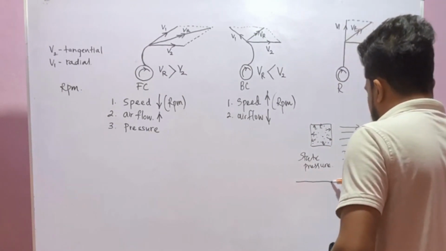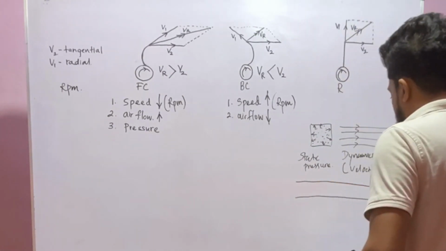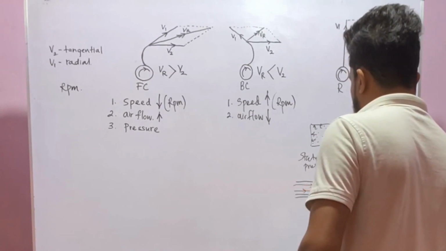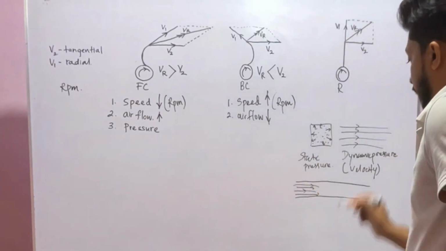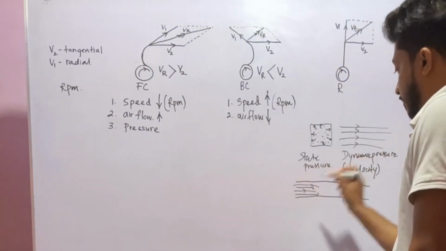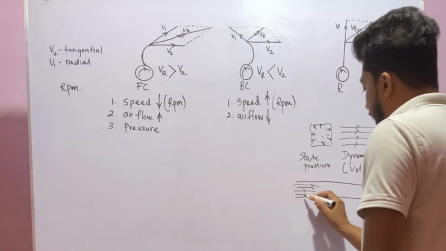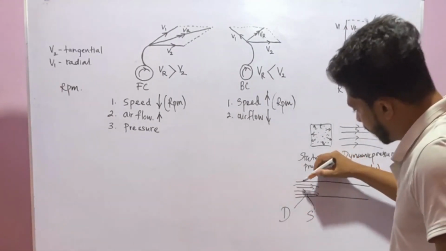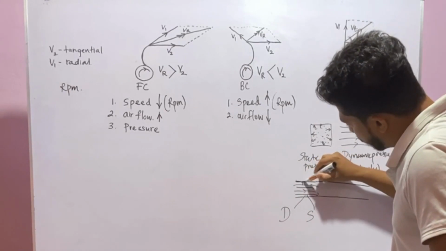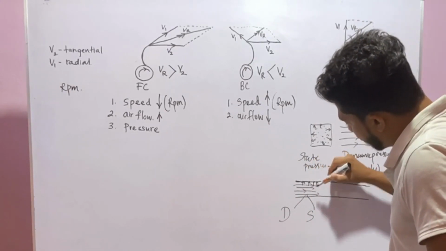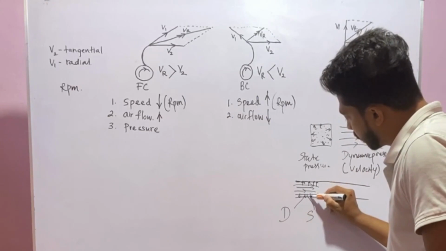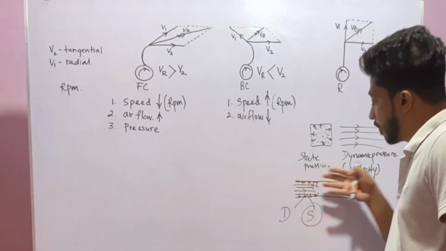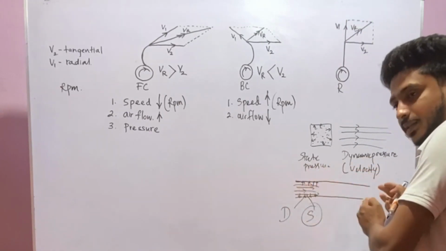So, if we consider a duct and air is moving in this duct, like this, this air has both dynamic and static pressure, because on this wall the air particles exert some force, that is static pressure, and also these air particles have velocity towards this direction.